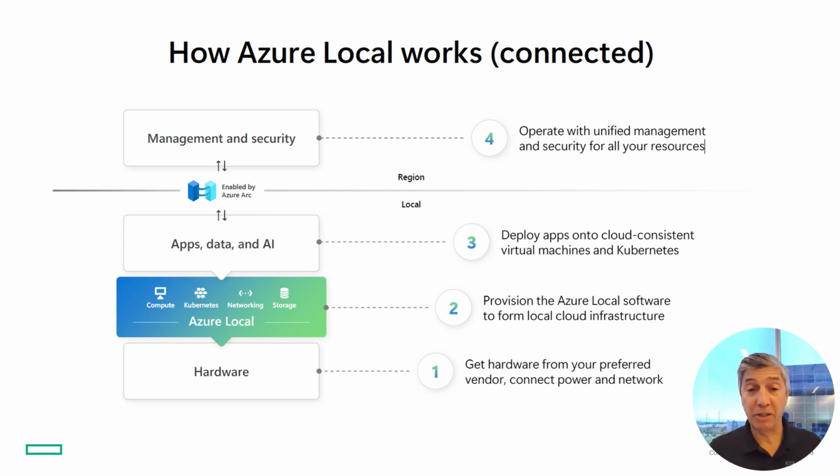So if you're not familiar with it, Azure Local runs on hardware from vendors like us, HPE. It resides on-prem. And beyond that, you have the Azure Local software, really the OS layer that's running there. On top of that, you provision applications, and they tend to be newer, maybe cloud native or cloud connected type applications.